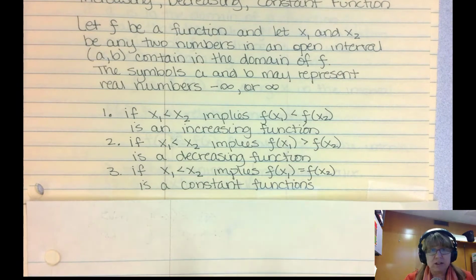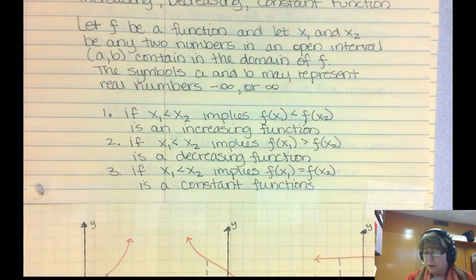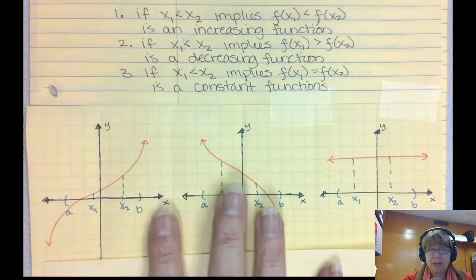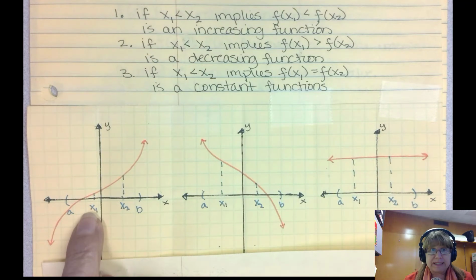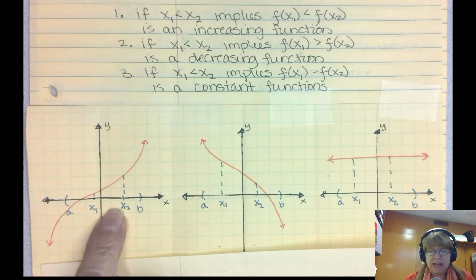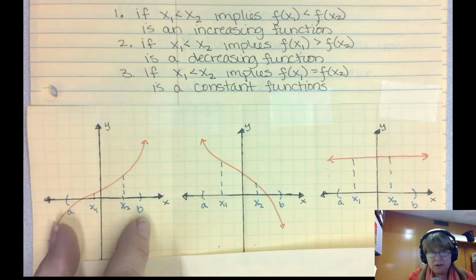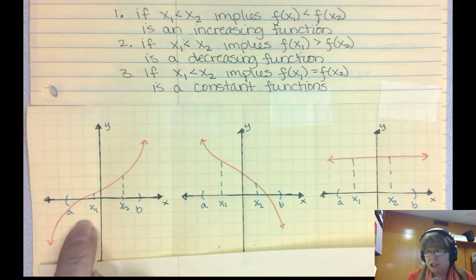So let's take a look at what this means on a graph. It's sometimes easy to see it visually, so let's take a peek. All right, in all of these situations, x1 on the number line is less than x2, and it's within this range of a to b. So a to b is our open interval, and x1 and x2 are the values we're plugging into the function.